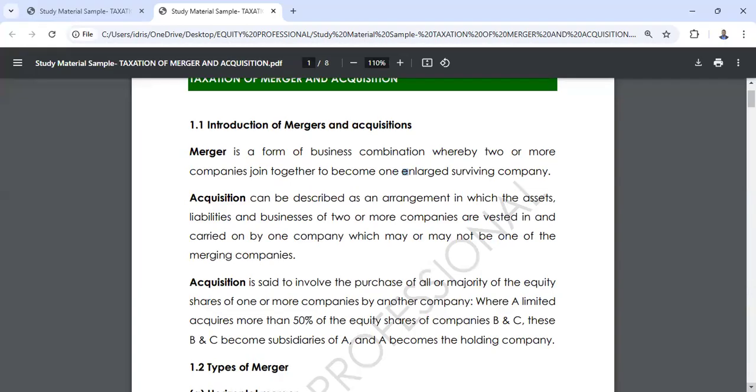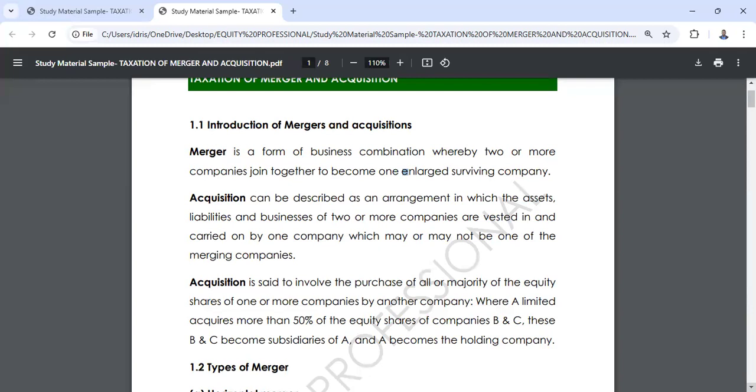Example of acquisition: A Limited acquires B Limited. That means A will not lose its brand, B will lose its brand. There is a company called A Limited, there is a company called B Limited.